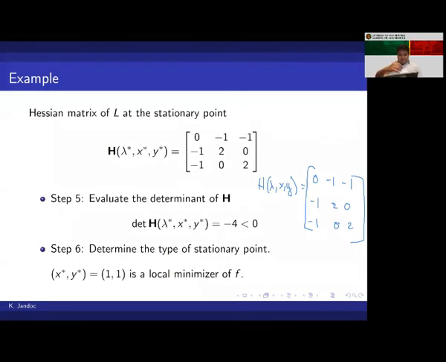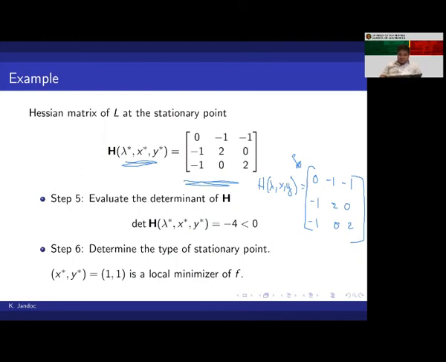Now the next step is, first you have to evaluate the Hessian at lambda star, x star, y star. But since there are no lambda, x and y terms in this Hessian matrix, the Hessian evaluated at lambda star, x star, y star is this matrix itself. We don't have to substitute anything.